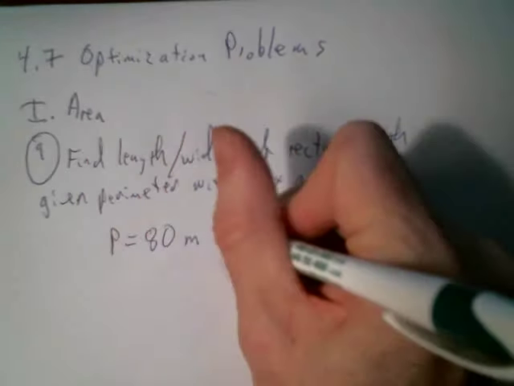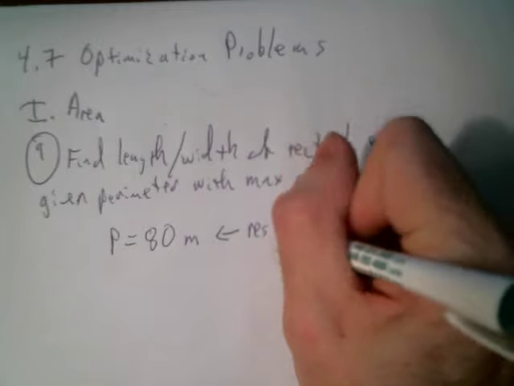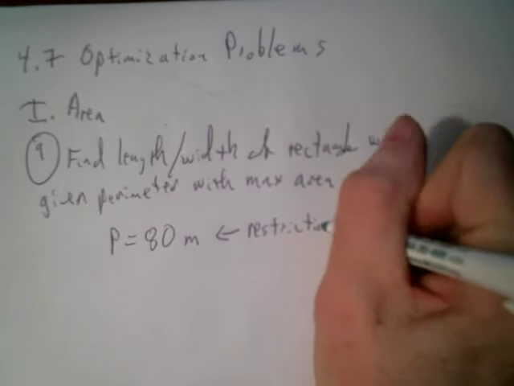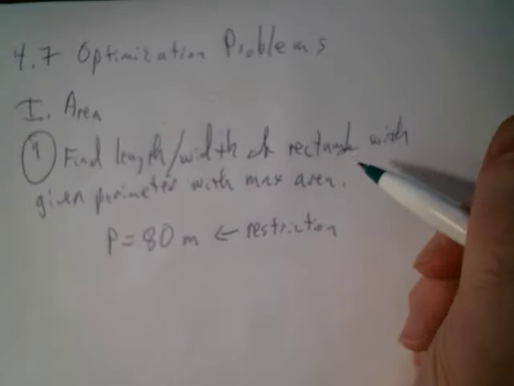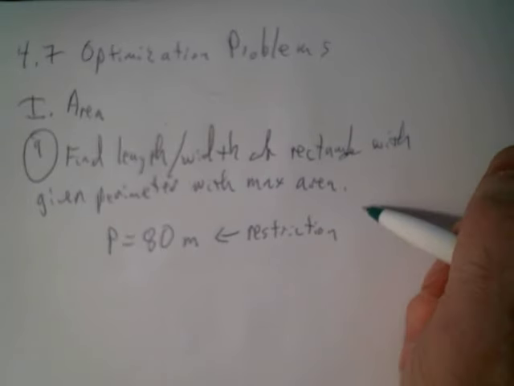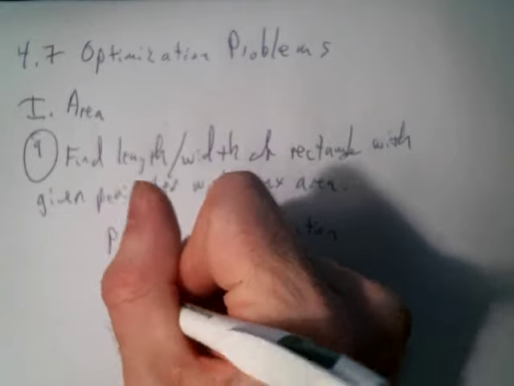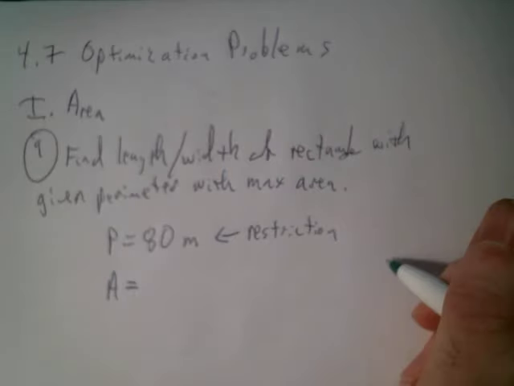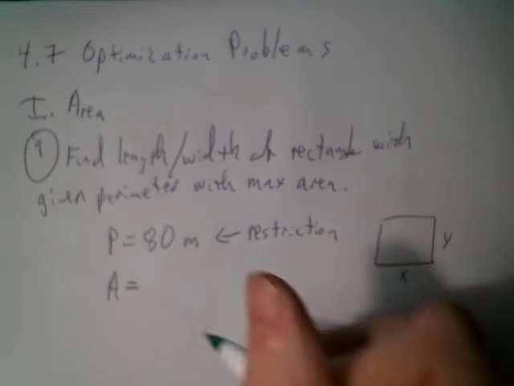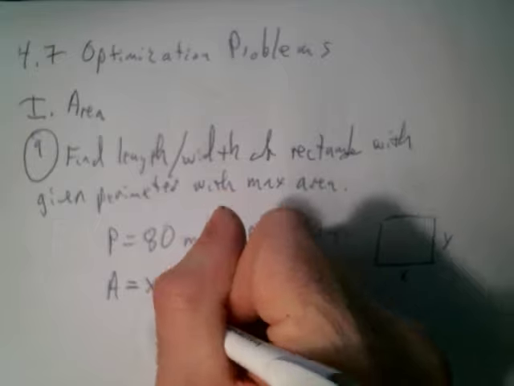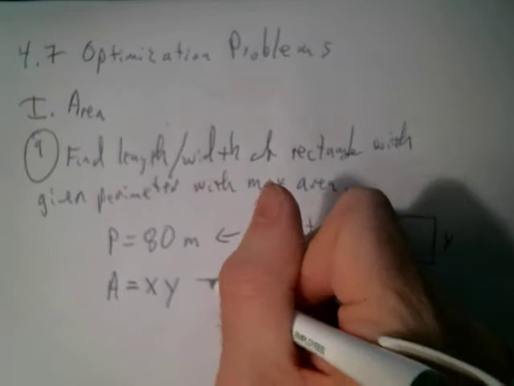And this right here is essentially a restriction. We have some formulas associated with area and perimeter. So the area formula, we know, given some sort of rectangle, if this is x and this is y, then the area we could say is x times y. And this is the formula we want to optimize.